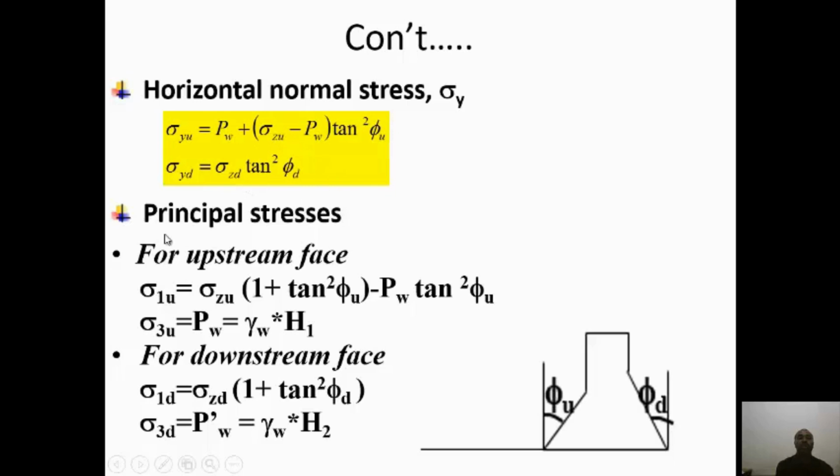Finally, for principal stress at the upstream face, you can use this equation, and this is the minor principal stress in the upstream. For downstream, this one, and for major and minor principal stress upstream and downstream. This is downstream, and this is also the downstream minor principal stress.